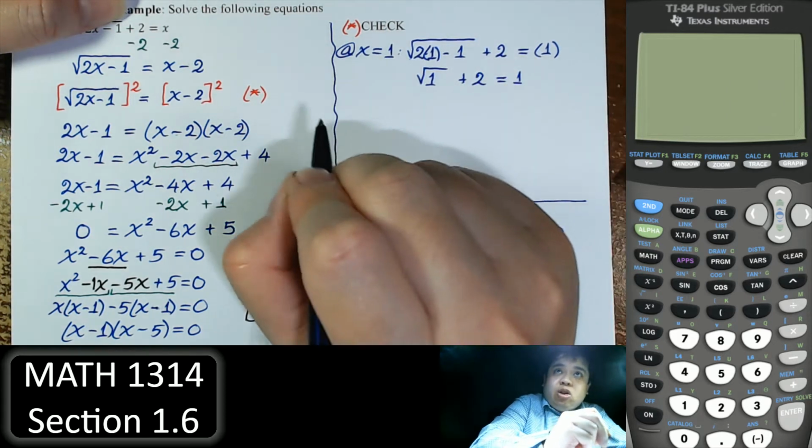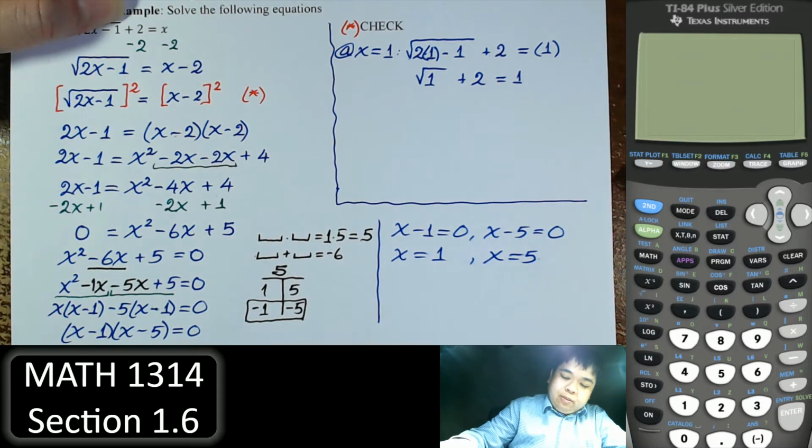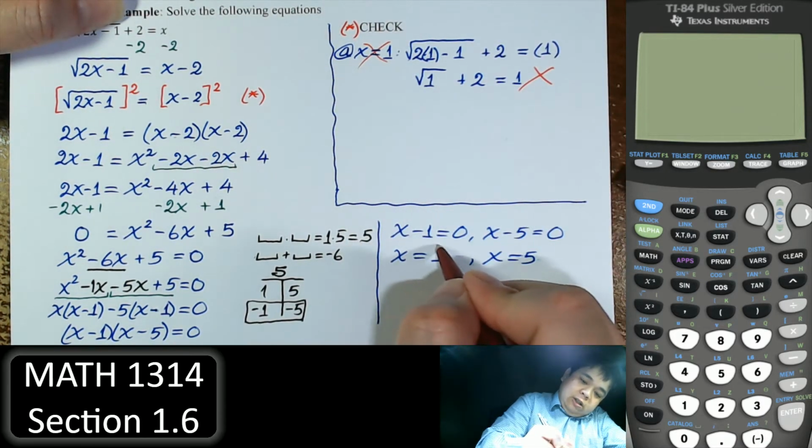And we know this is not true because the left hand side is 3, the right hand side is 1. So 1 is not a solution.